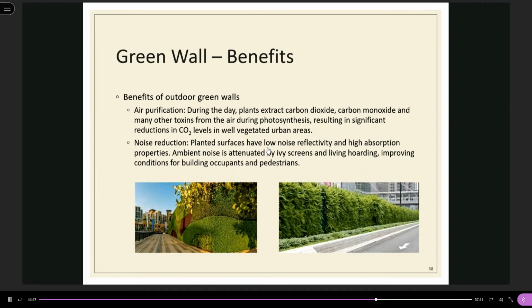Plant surfaces have low noise reflectivity, and it is a high absorption material. So ambient noise is attenuated by the ivy screens and living hoardings, improving the conditions for building occupants and pedestrians. So actually, we can just use the plant for the noise barrier.